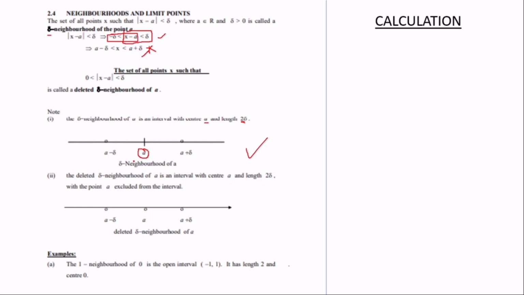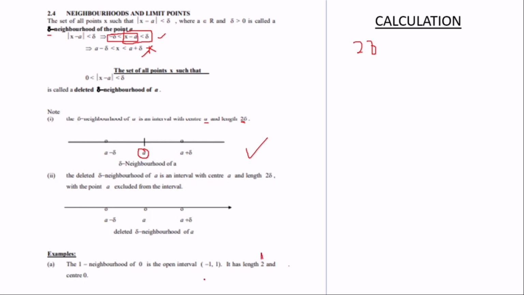So the 0 represents the A. So when finding the length, you know that the length is 2 times what? The sigma, right? 2 times the sigma, and the sigma is 1. 2 times 1 will give you what? 2. That's why we had the length to be 2 from this question.